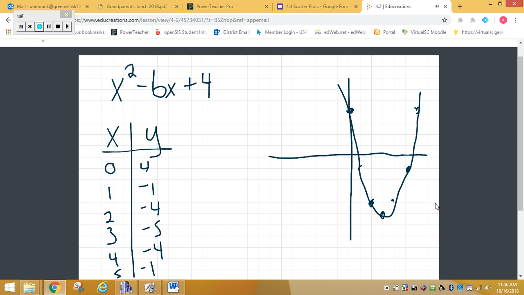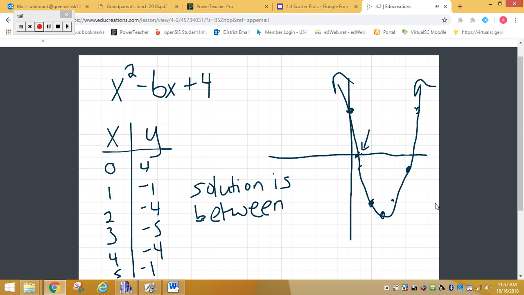Now, it'll be a lot neater on your paper. But the directions on the worksheet that you're about to do are going to say, state the consecutive integers between which the roots are located. So you would say the solution is between, so let's start with this first one right here. It's between 0 and 1.